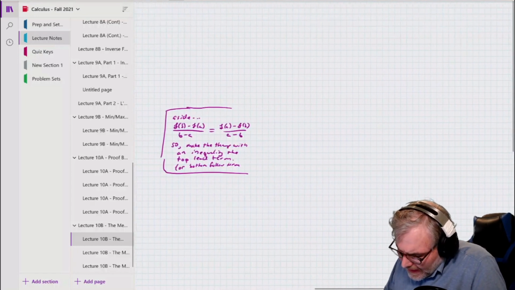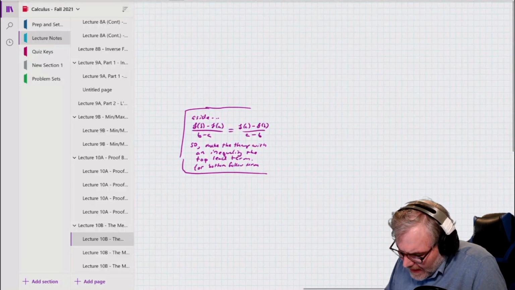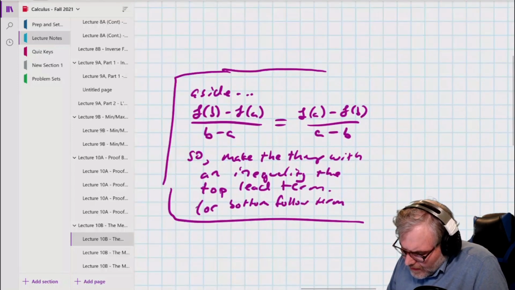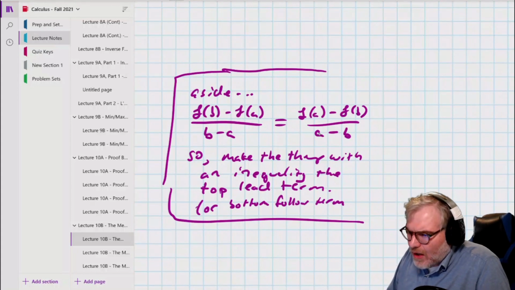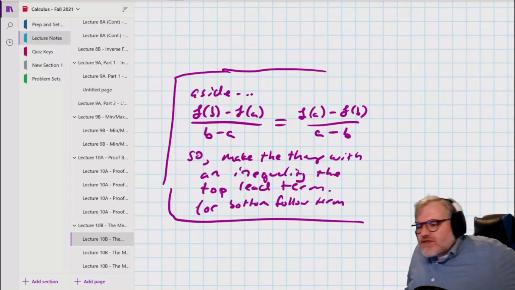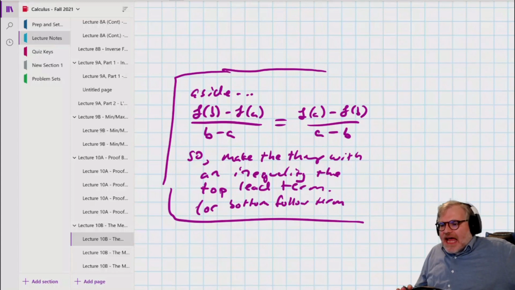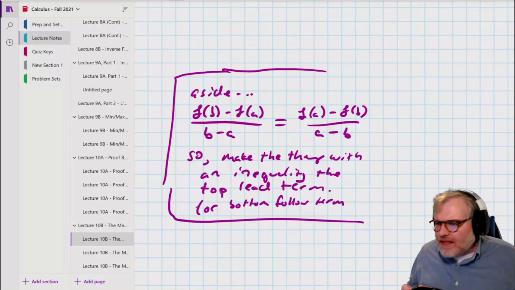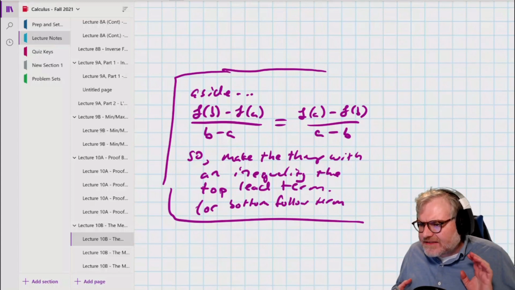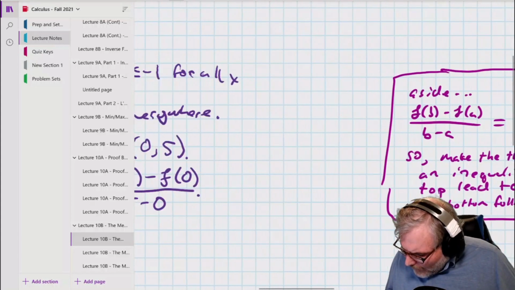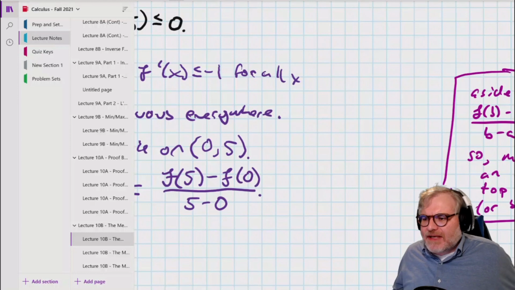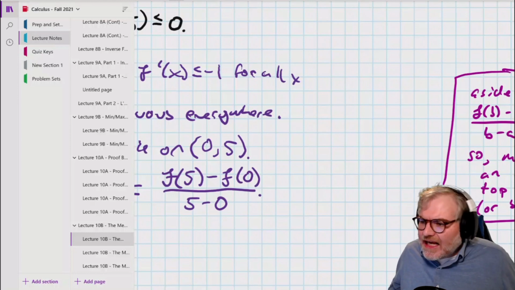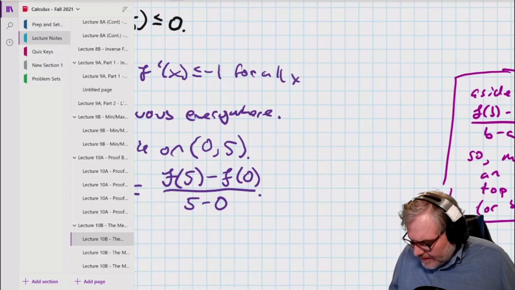And remember that f of b minus f of a over b minus a is the same thing as f of a minus f of b all over a minus b. The reason I want to do that is that when I sub in my inequality, I don't have to flip any signs. If the thing I want is here or here, I don't have to flip anything, and I like that.